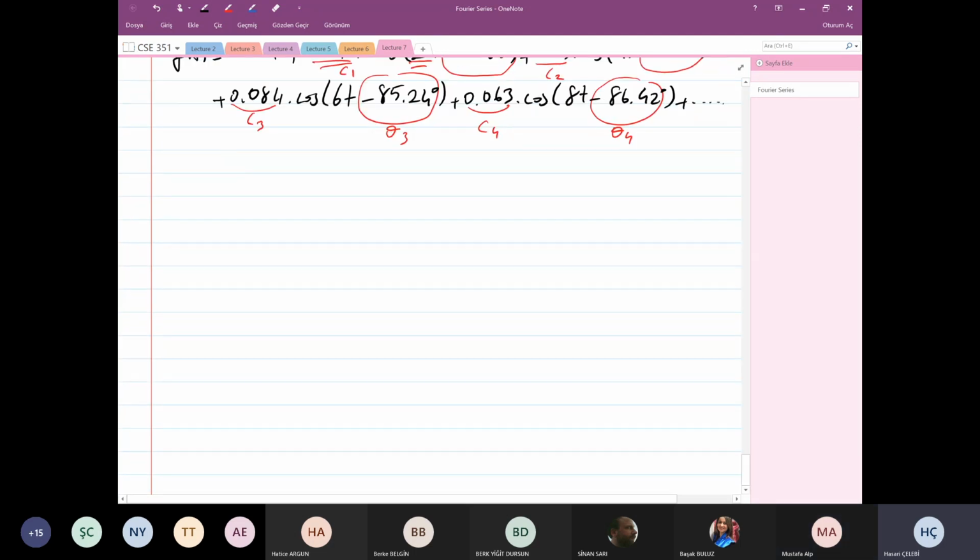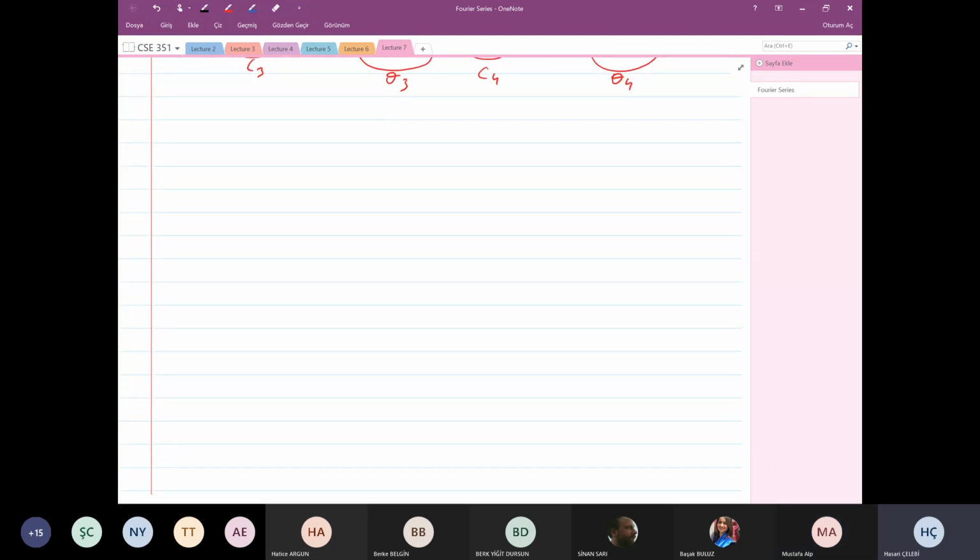Yes. Okay, so in the first lecture we learned how to determine the trigonometric Fourier series as well as the compact trigonometric Fourier series. Now we are going to learn the third type of Fourier series, which is called exponential Fourier series.